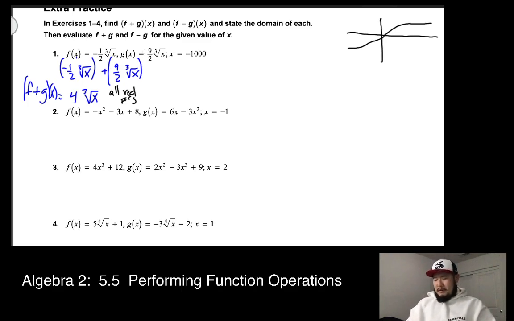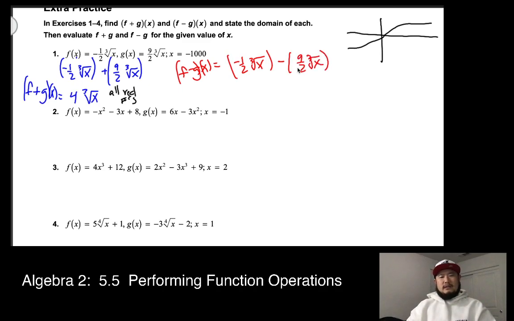Let's continue on and try f minus g of x. We'll take f of x, negative 1/2 cube root of x, and then minus 9/2 cube root of x.